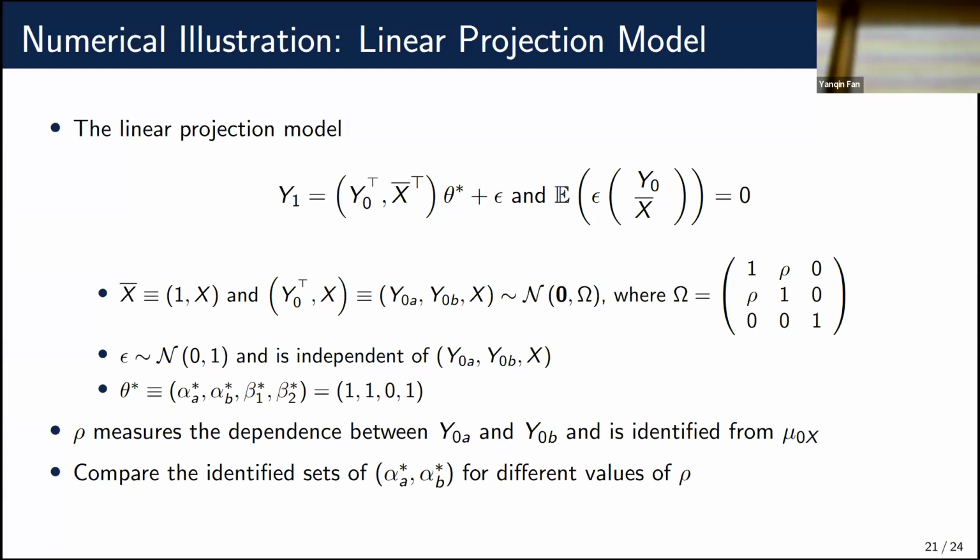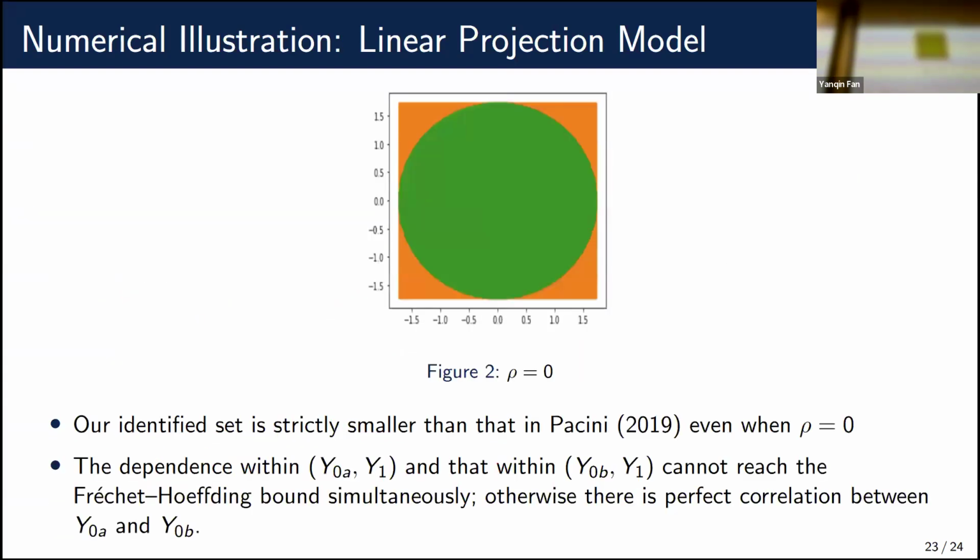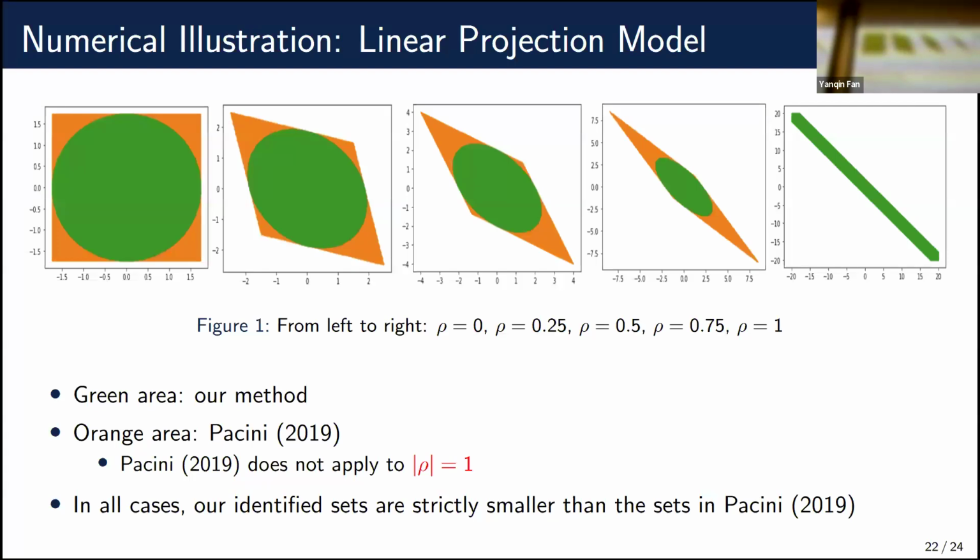This is easy to understand, because not all of theta star can be point identified, but the sum of the first two coefficients is point identified. If you look at the first two coefficients individually, they are partially identified. And that's what we have here. Our approach applies, so we have this straight line. But Hassani's approach does not apply because he requires invertibility. So his result excludes this. I see. Thank you.